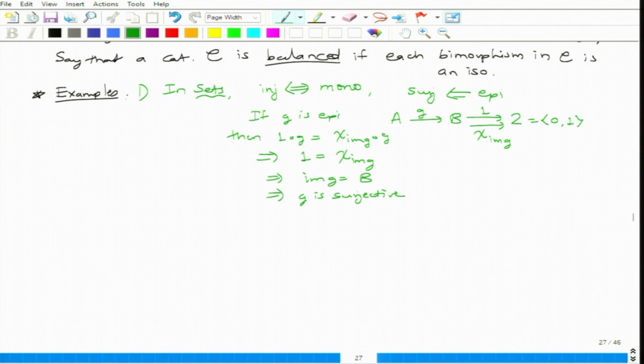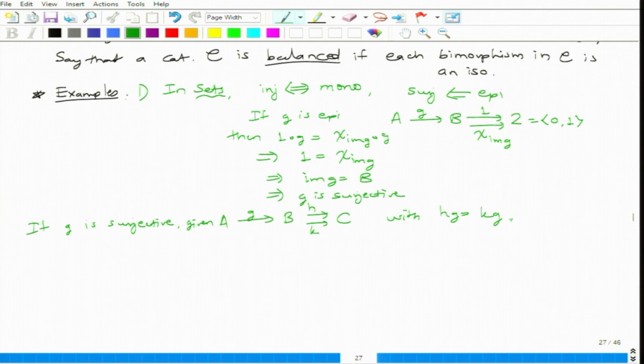If G is surjective, what can you say? Suppose you are given a diagram A, G, B, C, and I am calling the two maps H and K. Given this with HG equal to KG, what can you conclude?